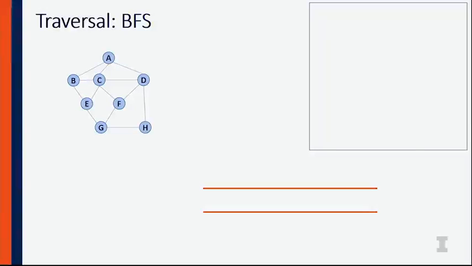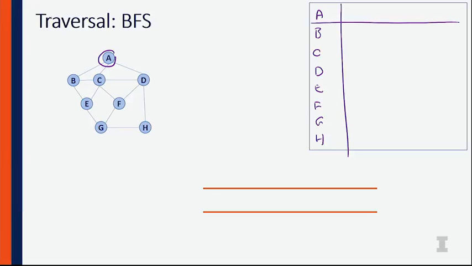So here, at vertex A, I'm going to start by maintaining a data structure that's going to help us with this traversal. We have A, B, C, D, E, F, G, and H as all of our different nodes. A has nodes B, C, and D incident to it.